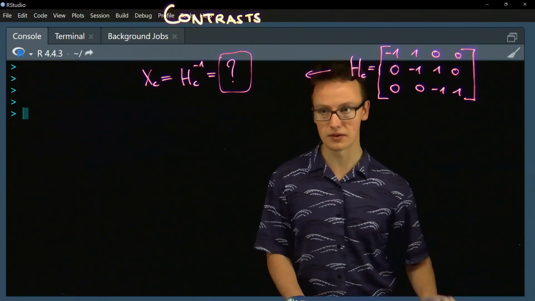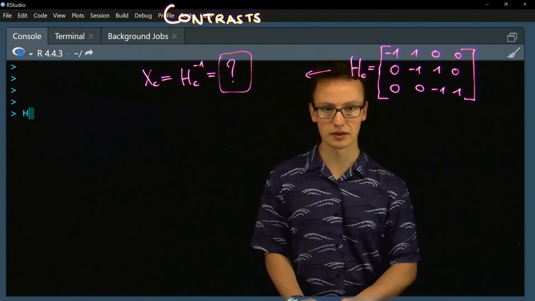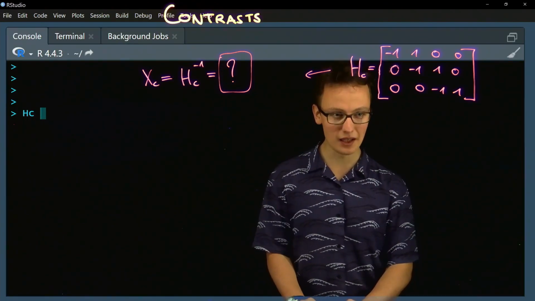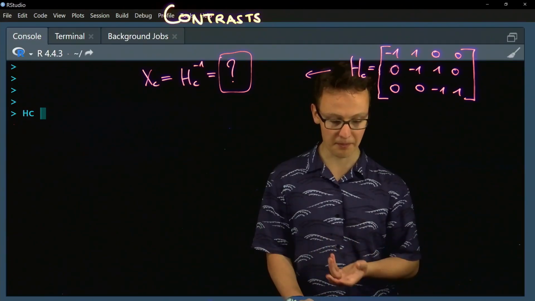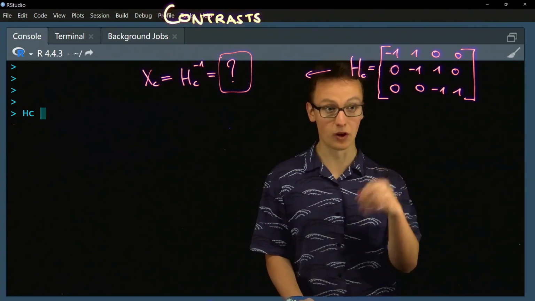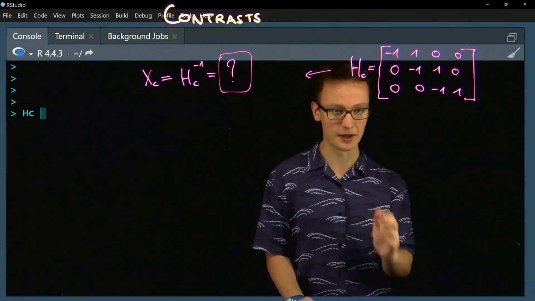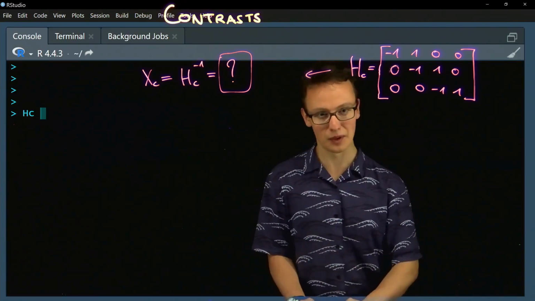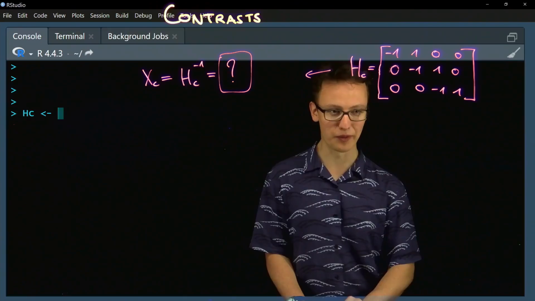So just to sanity check, I'm again calling it HC, although now I'm not giving it just the matrix, but it's a more complex data structure, which will automatically contain both the hypothesis matrix and the contrast matrix. For simplicity, we're going to stick to the same variable name, just so that you are aware of the difference here.